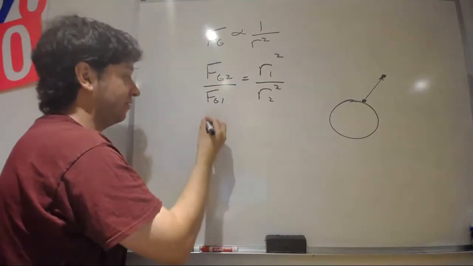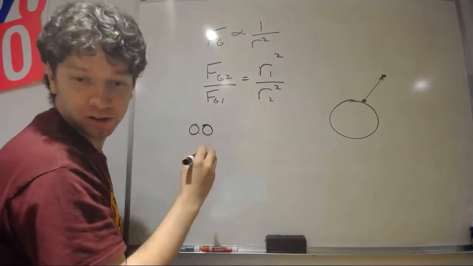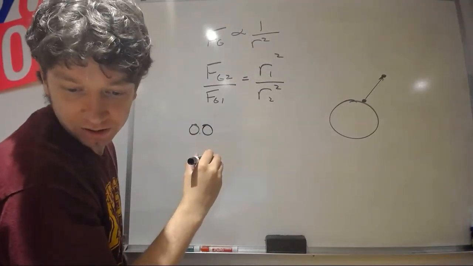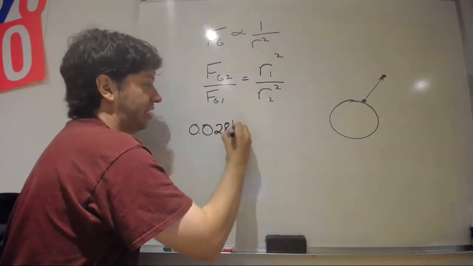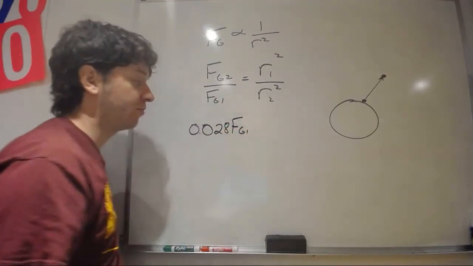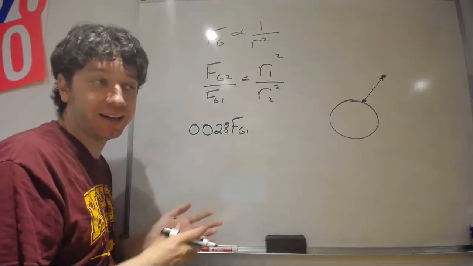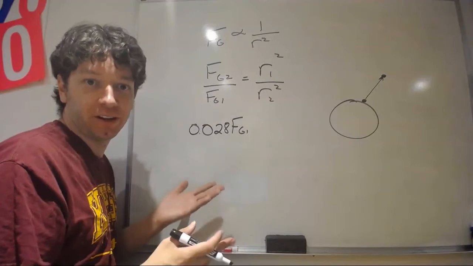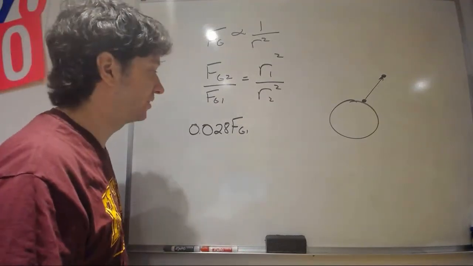I can say Fg is 0.028 times the force of gravity initially. That's what percentage means, right? It's a fraction of 100, right? So just divide by 100, and you can get rid of the percent sign.